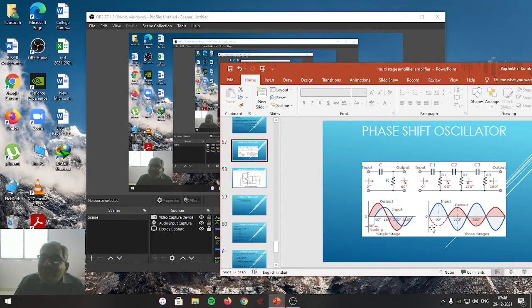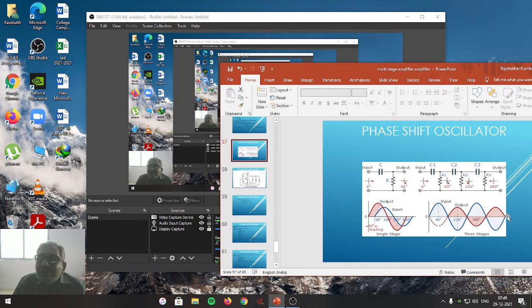The phase shift is represented here for the total 3 RC network. If you look at input and output, it seems to be 180 degrees out of phase. Look here. So this is totally 180 degrees out of phase with that of the input.